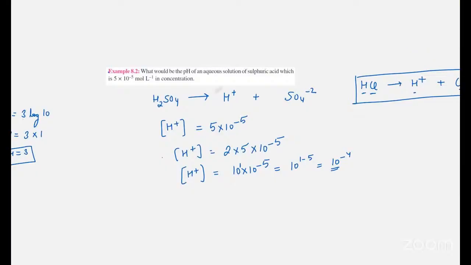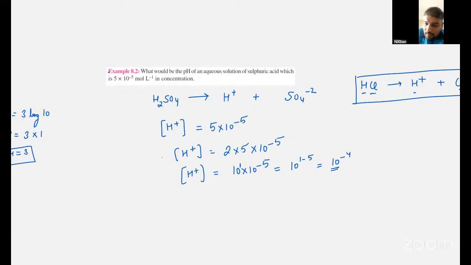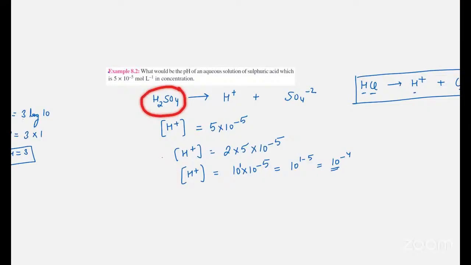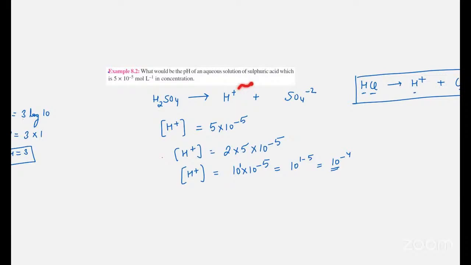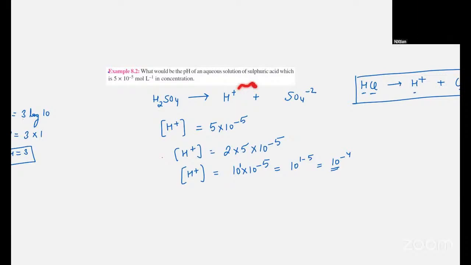No, here. Sorry. On the left side we have two H plus ions. In the right side, how many do we have? 1. Are they balanced? No, sir. So what do we have to do? We have to multiply it with 2.